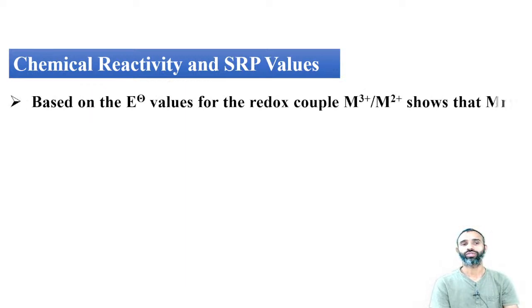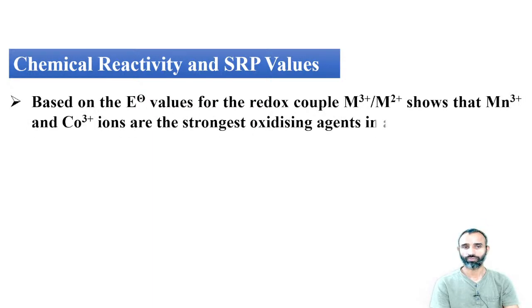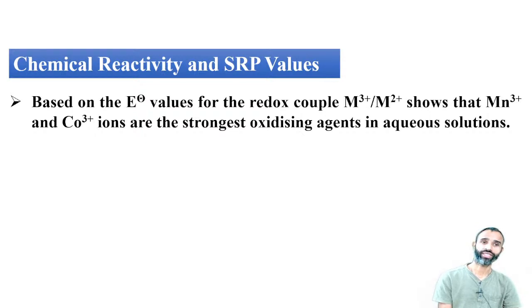So based on the E0 values for the redox couples, Mn3+ and cobalt 3+ are the strongest oxidizing agents in aqueous solutions.